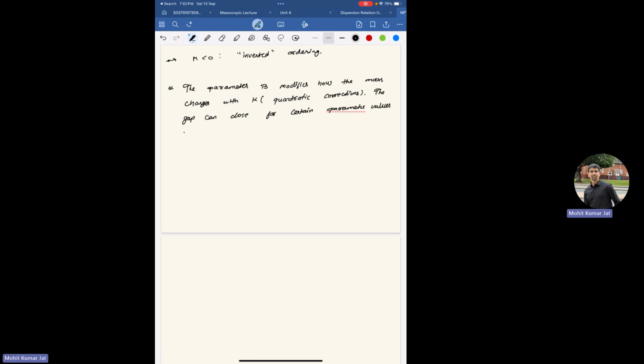Example at the topological transition. Okay, so this question is over.